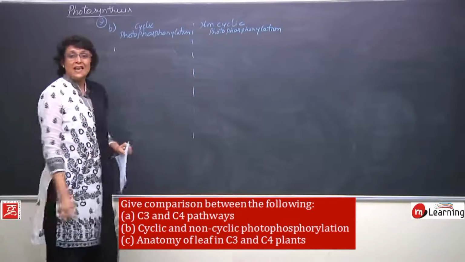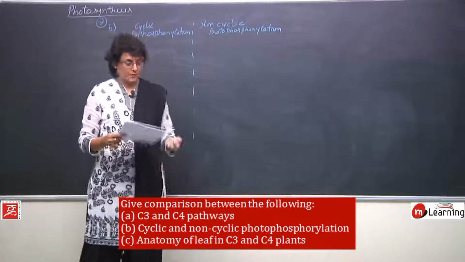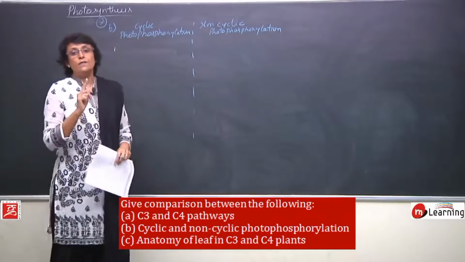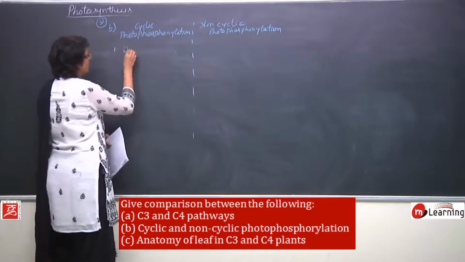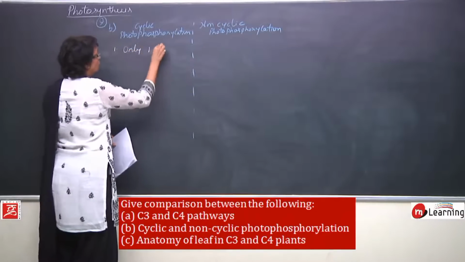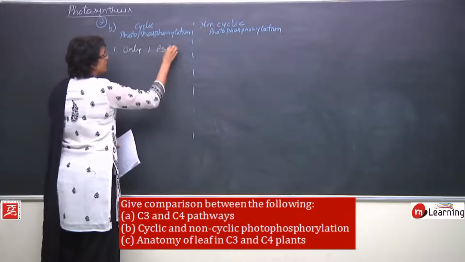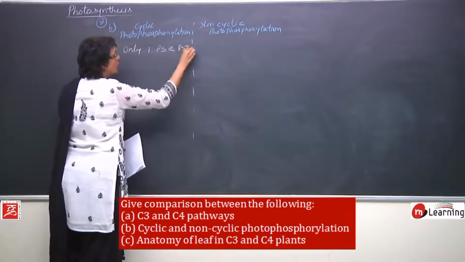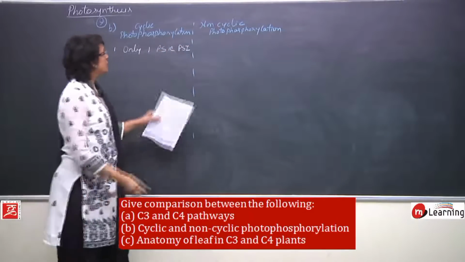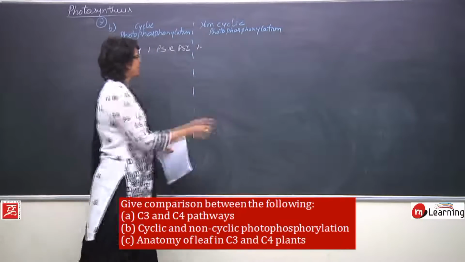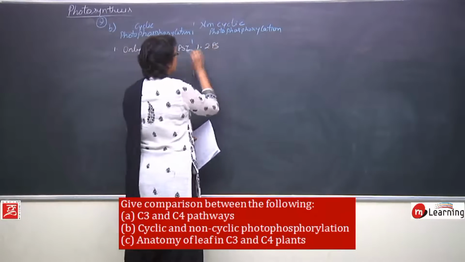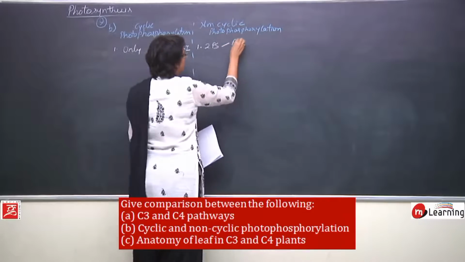In case of cyclic photophosphorylation, only one photosystem participates, which is photosystem 1. In case of non-cyclic, two photosystems participate, PS2 and PS1.